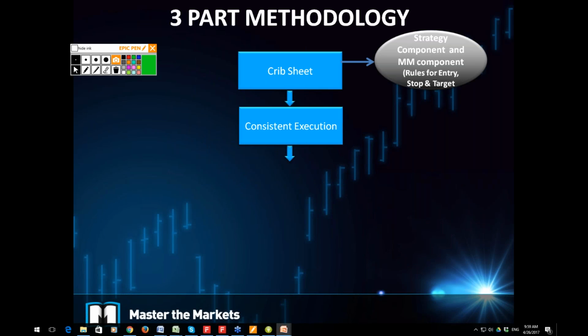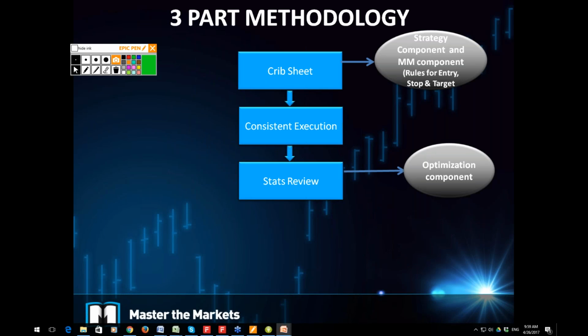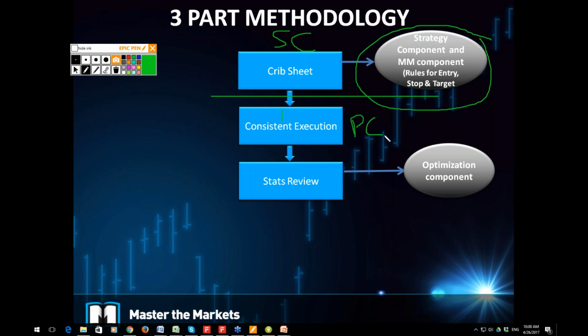The 3-part methodology is what I told you all yesterday, right? Remember that you must have a crib sheet, okay? And I've told you all the different things that must be in the crib sheet, which is also known as your strategy component. The next thing is what we call the psychology component, where it talks about the consistent execution.